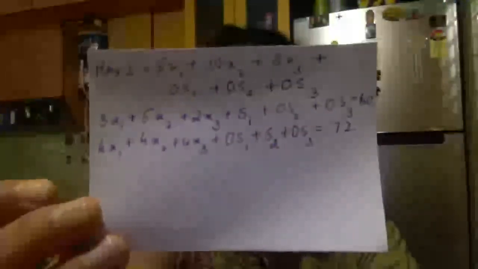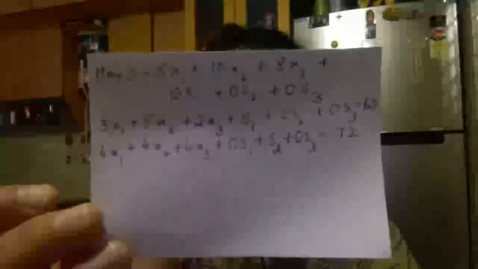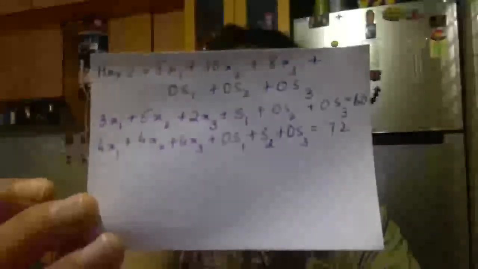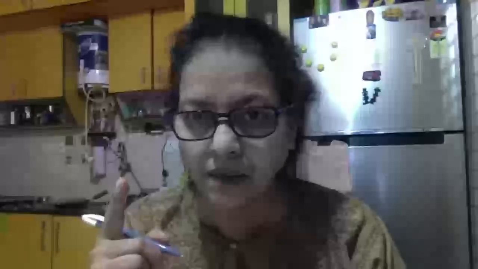Now you will have guessed how I'm going to do the third one. Yeah, start writing. 2x1 plus 4x2 plus 5x3 plus, yes, I'm giving the coefficient 1 to S3.